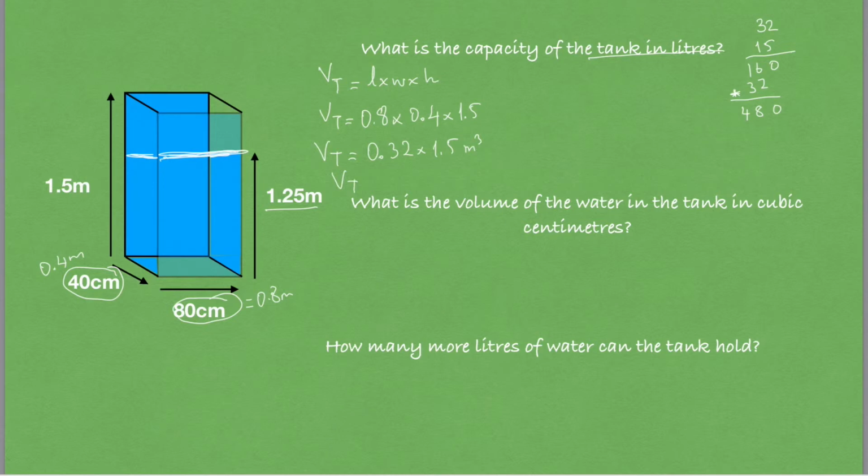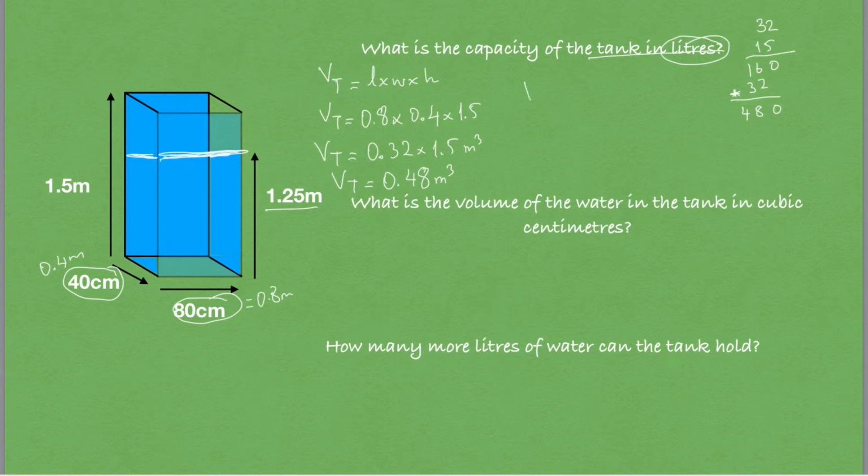And volume of tank equals, now we need to count decimal points 1, 2 and 3. After 0 we are going to write 4 and 8 meter cube. This is the volume of tank in meter cube, but the question asks us to find it in liter.